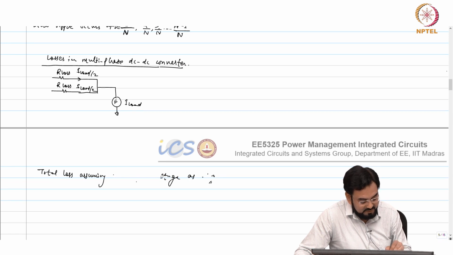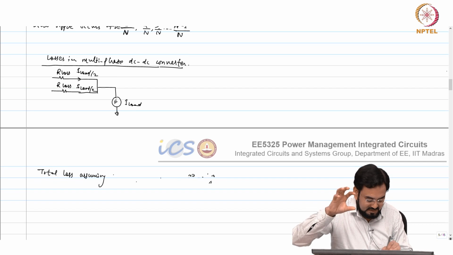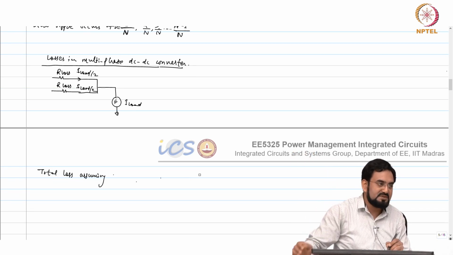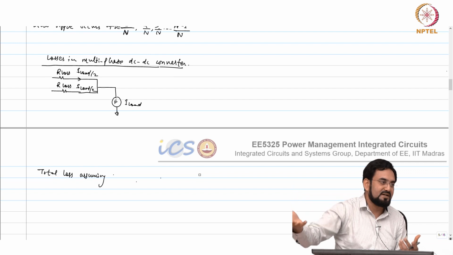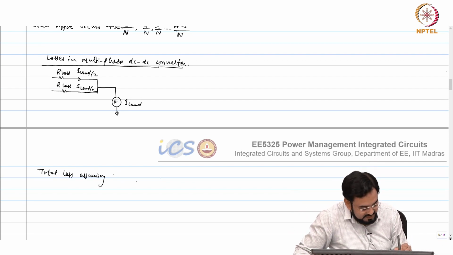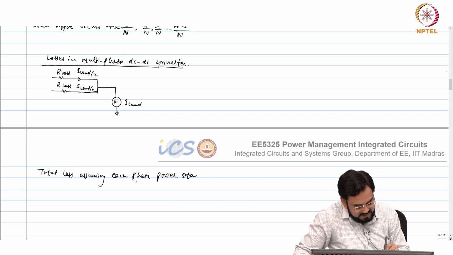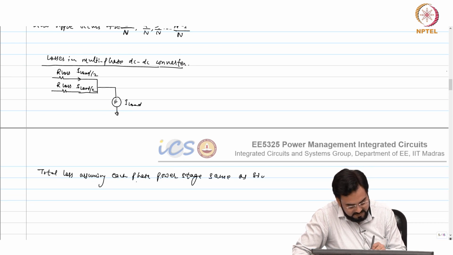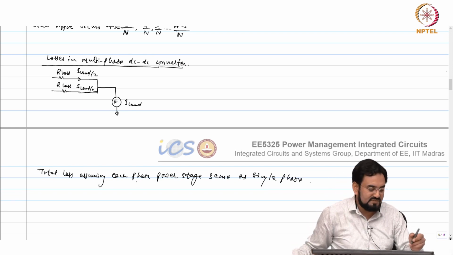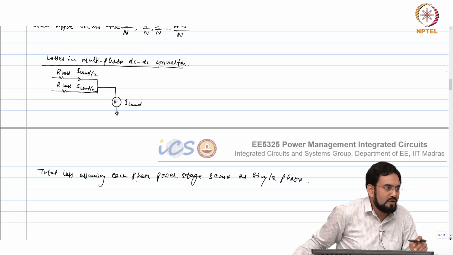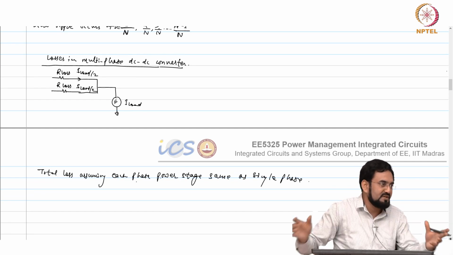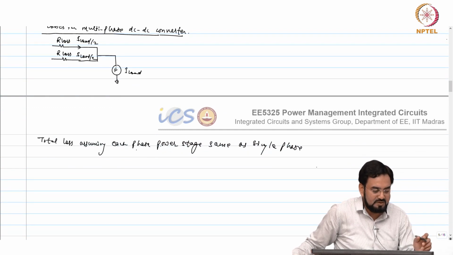So first I will do it like, let's say I just copy the same converter multiple times, which means I am increasing the size of power FET, like 2 phase 2x, assuming each phase power stage same as single phase. That's why I kept it R loss, not twice of R loss. If you shrink the size by 50%, then it will become 2 R loss.